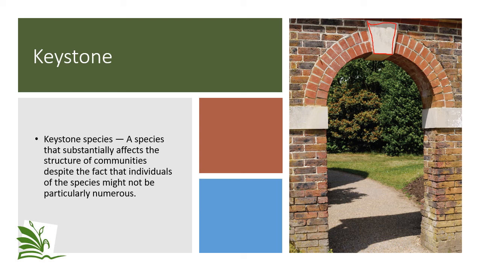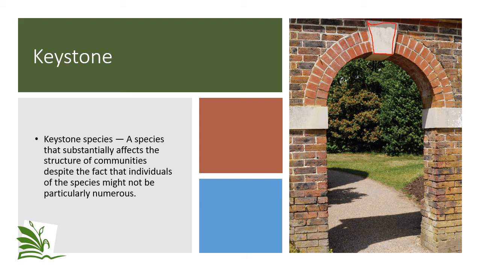And its placement means that every other stone will be held in place, and you don't actually need mortar. But we add mortar to make it so that no one can knock out something and then everything falls down. So the keystone is actually the element that holds the entire wall together.